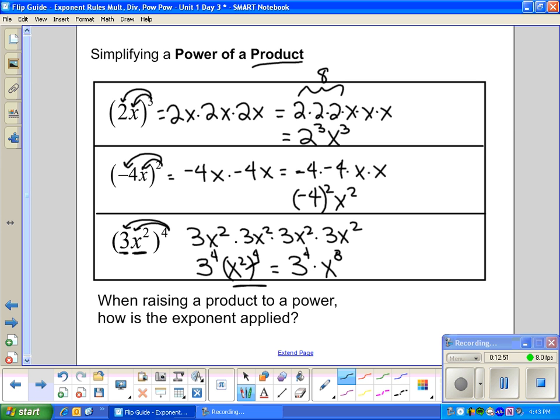So when I raise a product to a power, how is the exponent applied? Let's see. Each factor of the base is raised to the exponent.